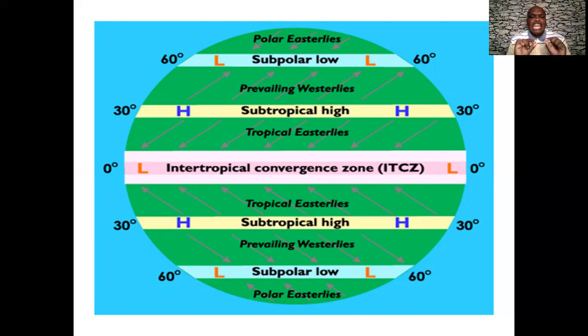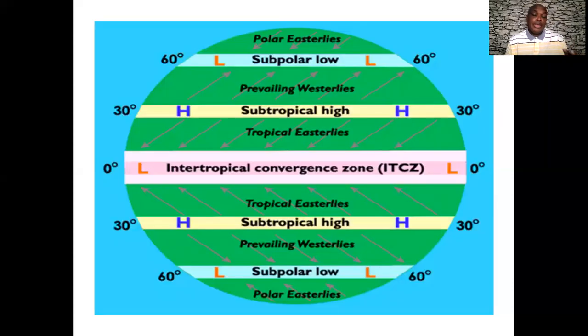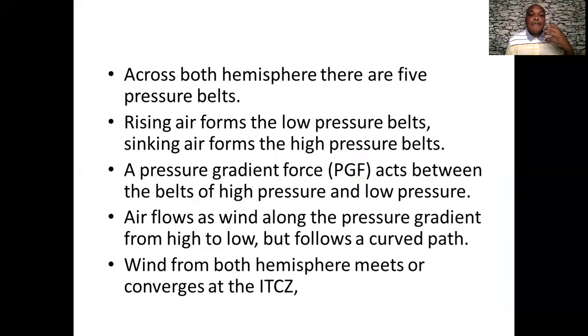Then we also have the equatorial low pressure belt, which is also known as the intertropical convergence zone, located at the equator at a latitude of 0 degrees. It's key to know where they are located as well. If you note in this diagram, you can see that across both hemispheres, there are 5 pressure belts.